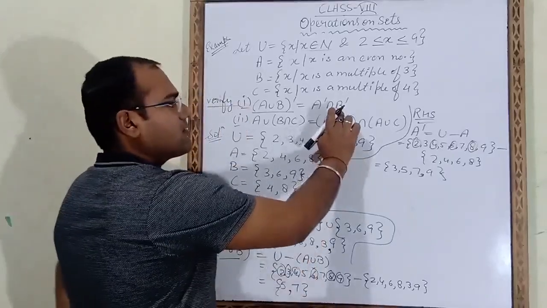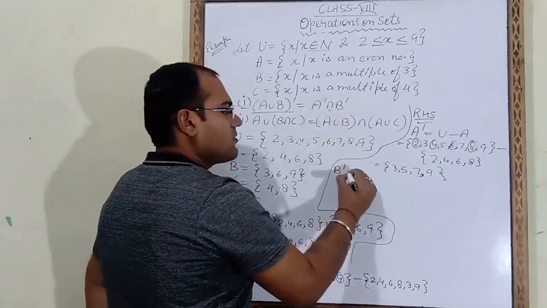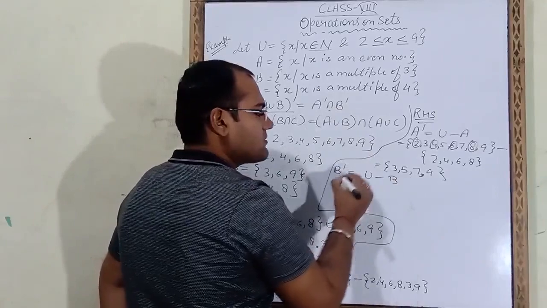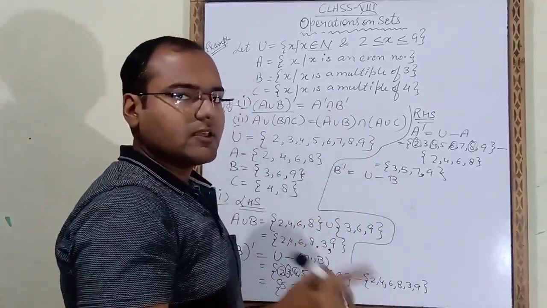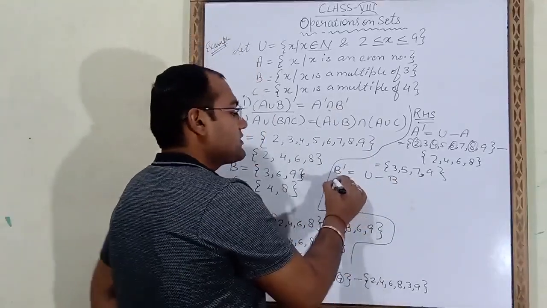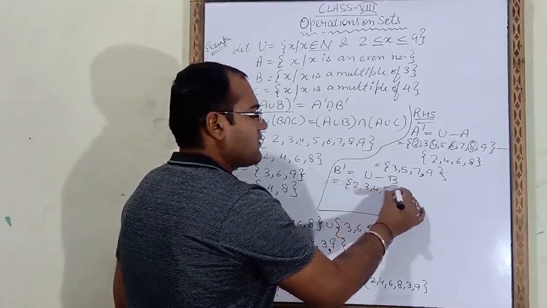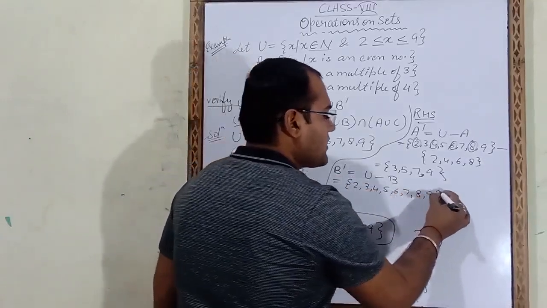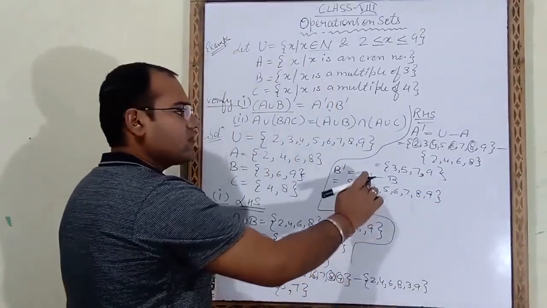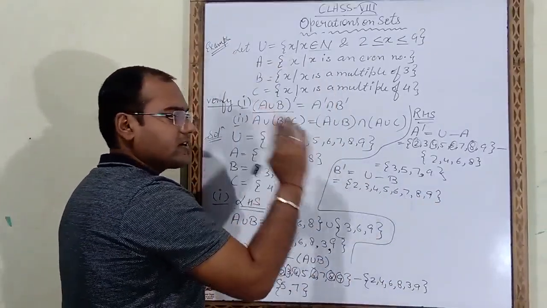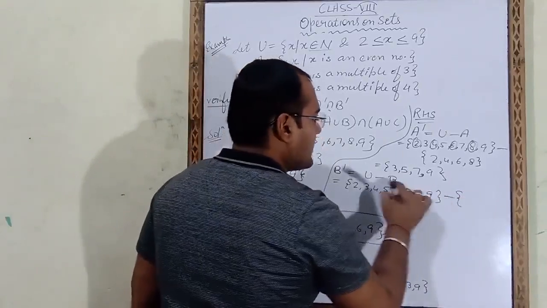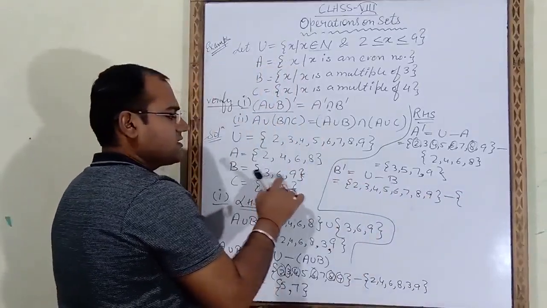Now we will find B complement. B complement is equal to universal minus B. This will be the formula for B complement. Now universal is 2, 3, 4, 5, 6, 7, 8 and 9. Here we have written minus B. B elements are 3, 6 and 9.